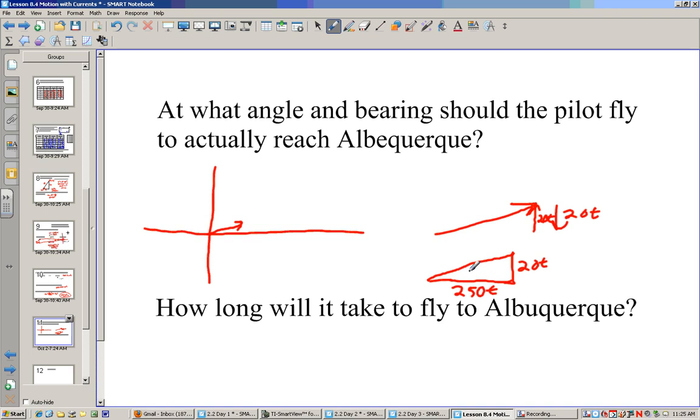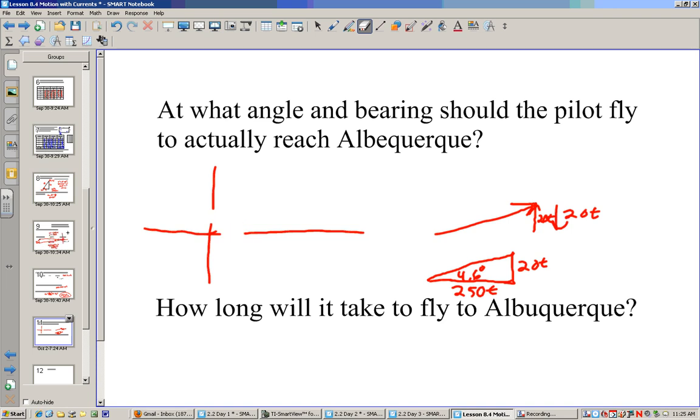And to find this angle would be the same thing, which is the 4.6 degrees. So what the plane actually has to fly is 4.6 degrees above east, or I'm drawing it in the wrong direction.